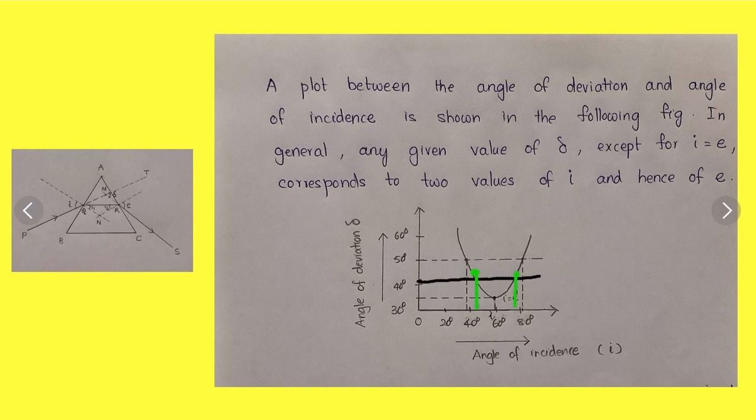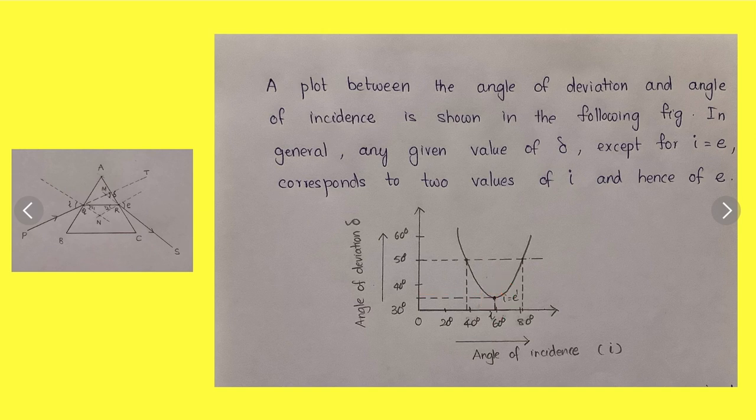So for every angle of deviation, there are two angles of incidence. That means for two angles of incidence, we get one angle of deviation. But there is an exceptional case. This is the last point. At this last point, there is only one angle of incidence and one angle of deviation.